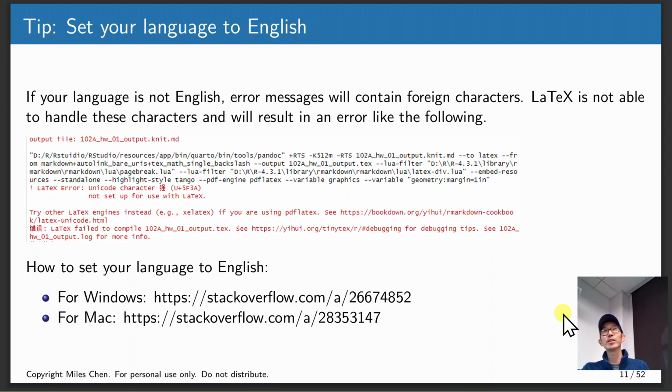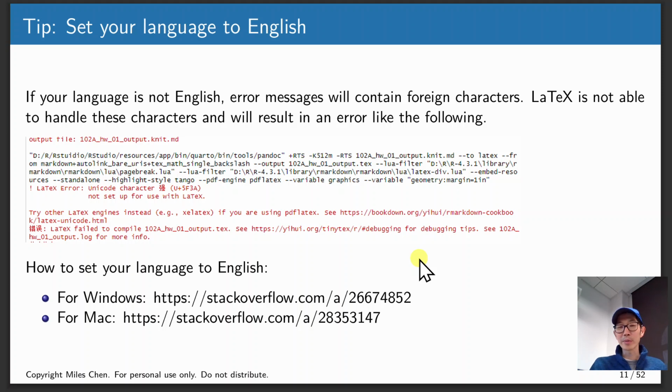So it might be the exact same error message, but in a different language, you might just find a couple results, whereas if you search for the error message in English, there's just generally going to be a lot more results. That's just how coding is set up. And so to set your language to English, here's a couple links on how to do that.